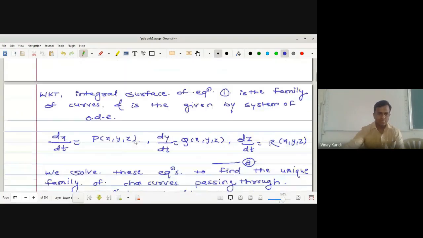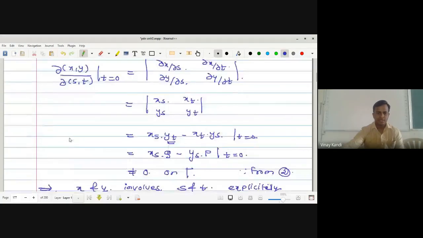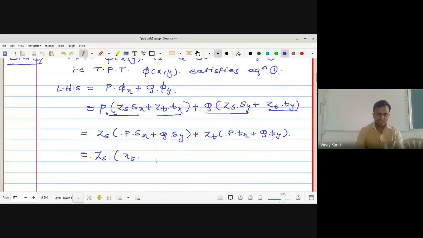Look at it. What is the value of p? dx by dt, that is xt. xt into sx plus, what is the q? yt into sy plus zt into p is xt into tx plus, what is q? yt into ty.